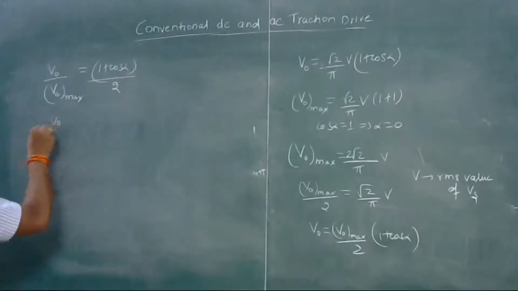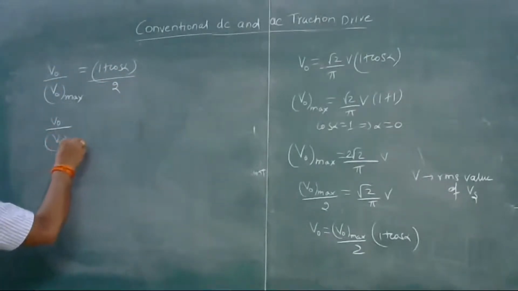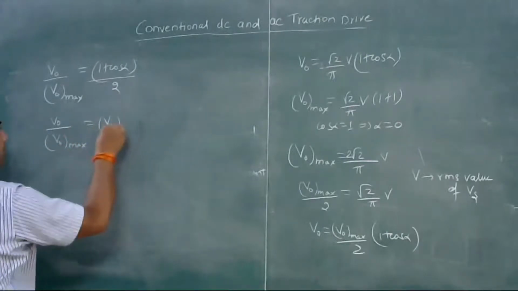Take this ratio V naught by V naught maximum as V naught per unit.